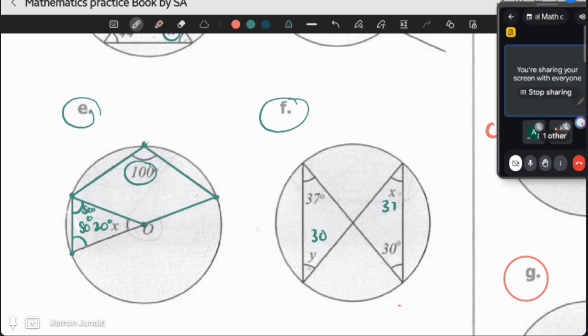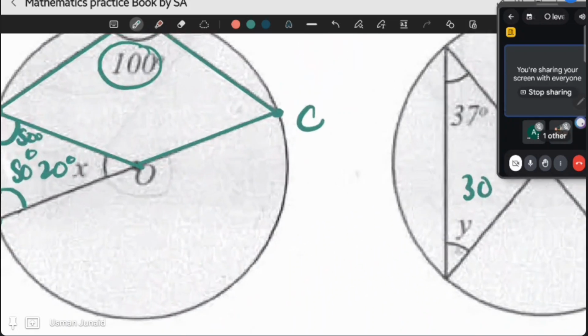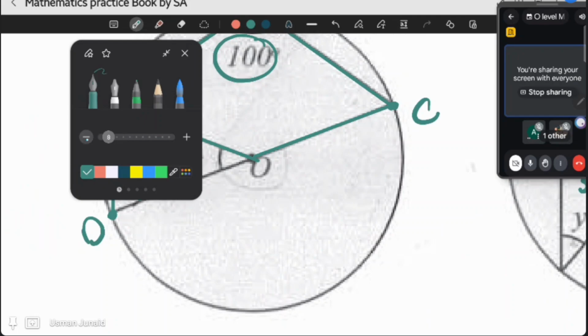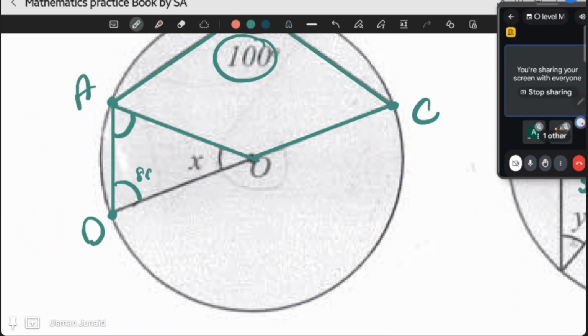So you'll have A, B, C, D, and this angle is 80 degrees, and since AO is equal to DO, this is also 80 degrees, which gives you 20 degrees for x.